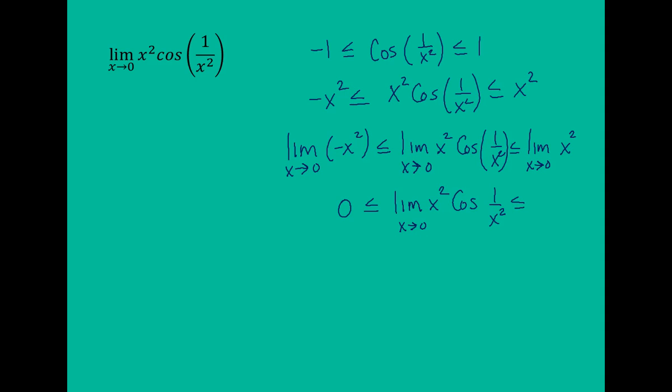And the limit of x squared as x approaches 0 is 0. Therefore, we can conclude this limit also equals 0.